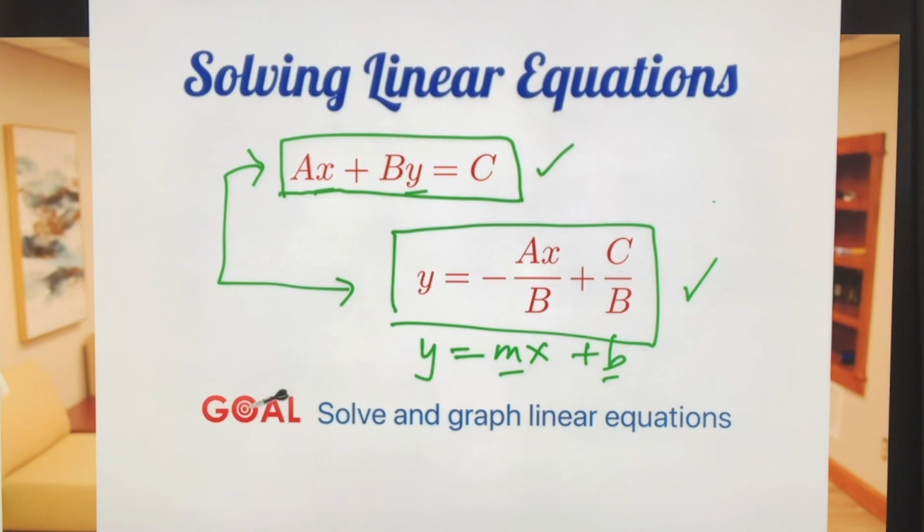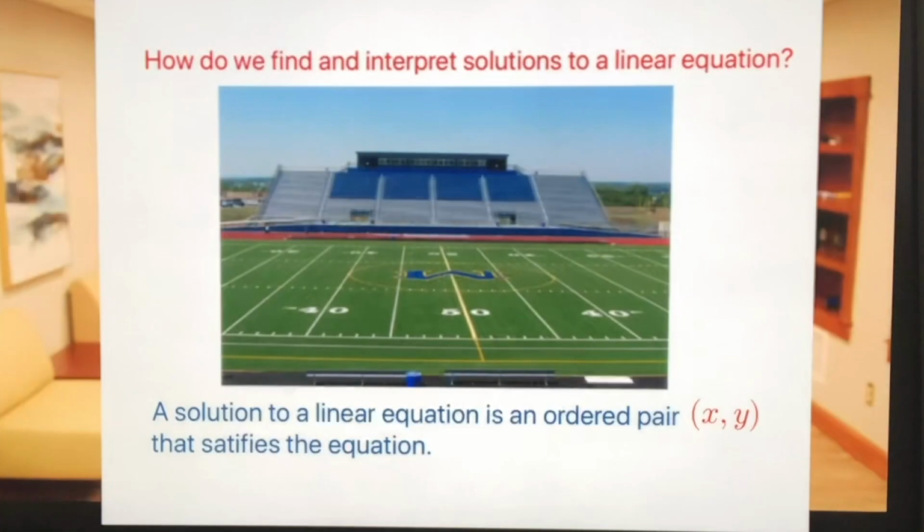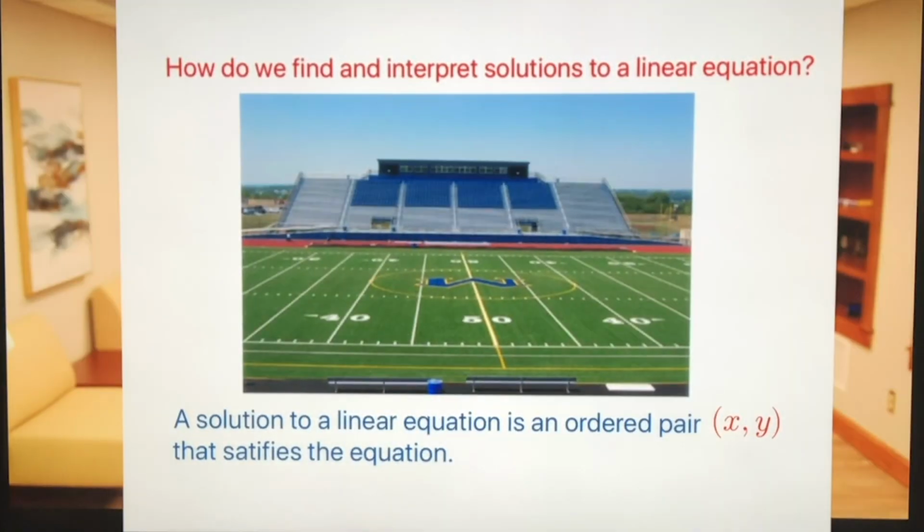At the end of this lesson, you should be able to solve and graph linear equations. So how do we find and interpret solutions to a linear equation? A solution to a linear equation is an ordered pair x, y that satisfies the equation.